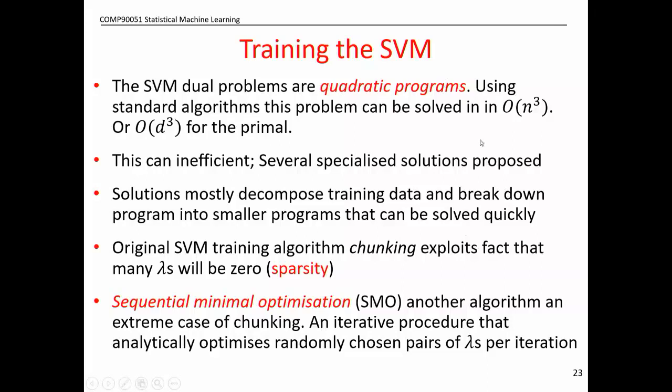So I've already sort of hinted at training. It's a quadratic program. There's off-the-shelf software. It's either this complexity or that complexity. Using off-the-shelf can be inefficient. There are special purpose packages for this particular kind of quadratic program. I talk a little bit about it here, but I'm not talking about it in much detail. It's more of a pointer if you want to read more about it.